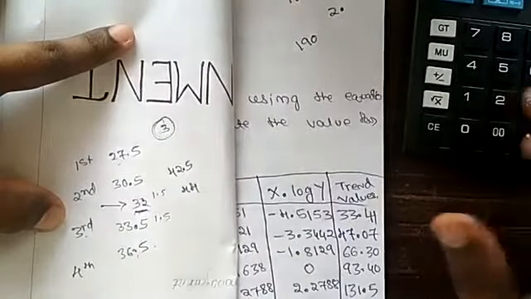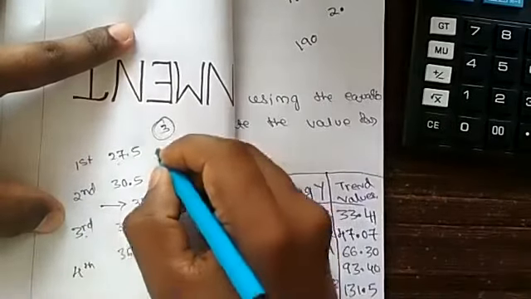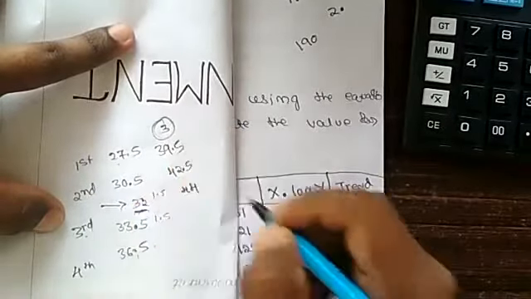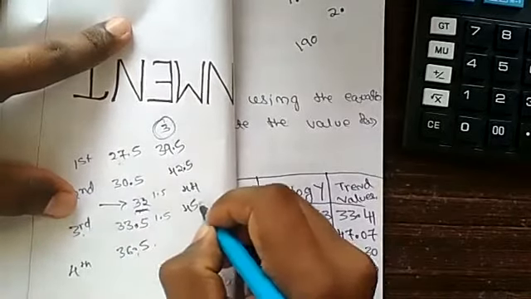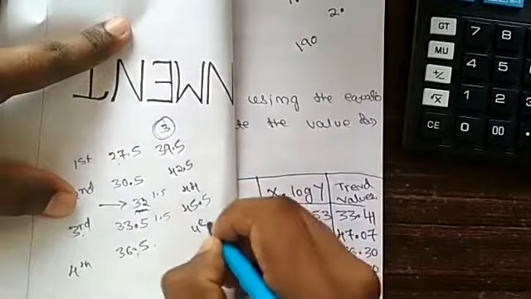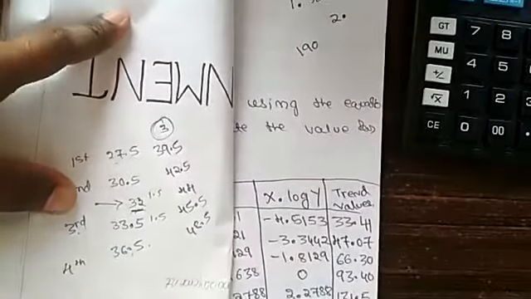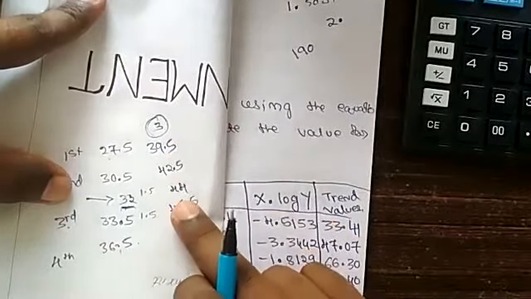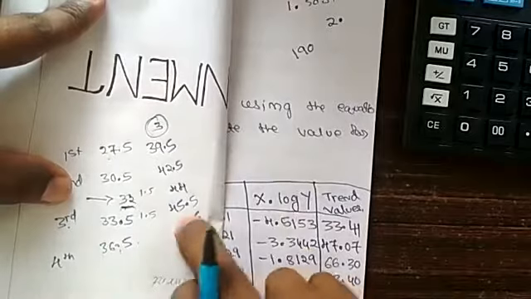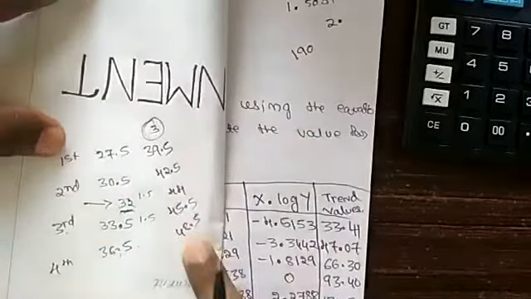And for the first quarter, 42.5 minus 3, 39.5. And this one 45.5, then 48.5. Correct? Now check again: 39.5 plus 3 plus 3 plus 3. So this is for 2008.